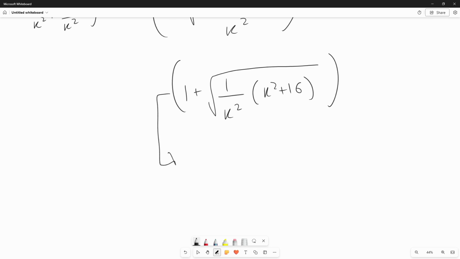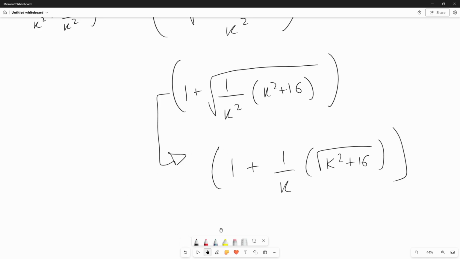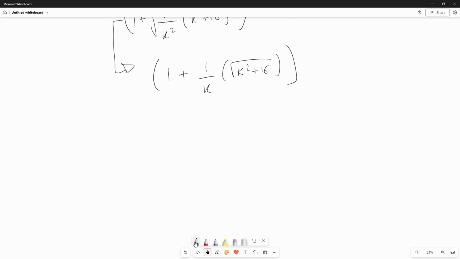From this we get 1 plus 1 over k lots of root k squared plus 16. We can write that as 1 plus root k squared plus 16 over k.